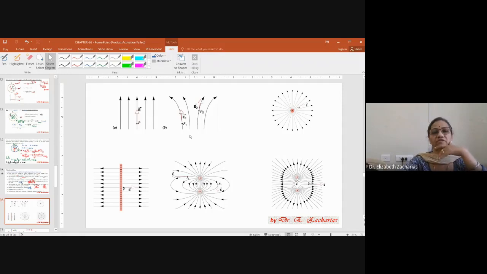So at P1, the field will be larger. And as you go towards P2, the field will be smaller because the lines are moving away from each other. The density of the lines is changing. And it's a varying field. It's varying direction and varying magnitude.